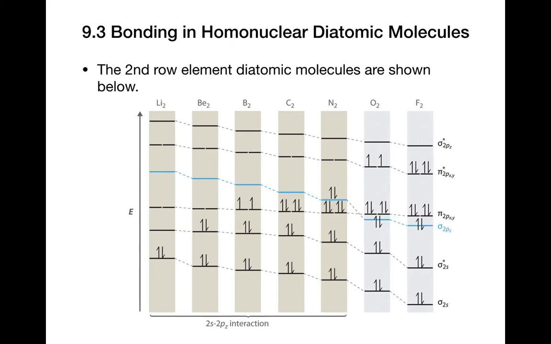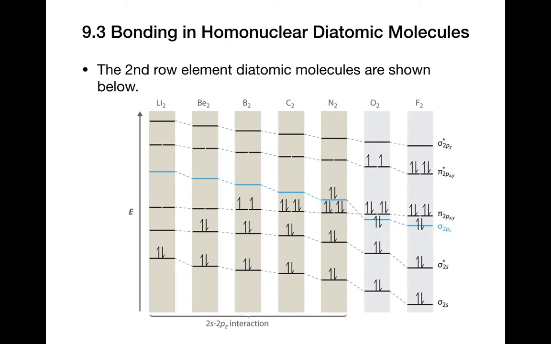In the case of C2, the same pi 2p x and y are occupied doubly. Hund's rule kicks in. You get 1 and 1 in B2, but you get 2 and 2 in C2. So in the case of a C2 molecule, it would actually have a double bond because it would have 4 bonding electrons that are not canceled by antibonding electrons.